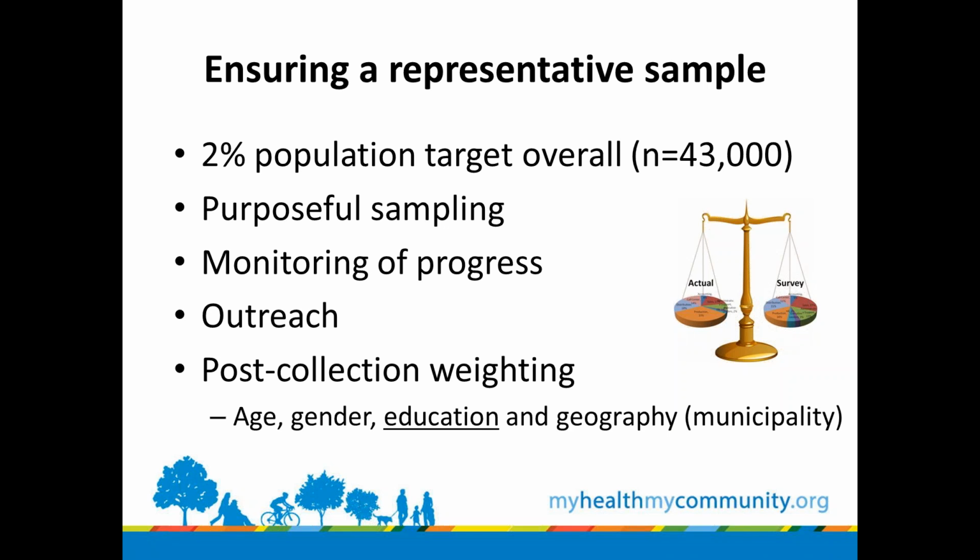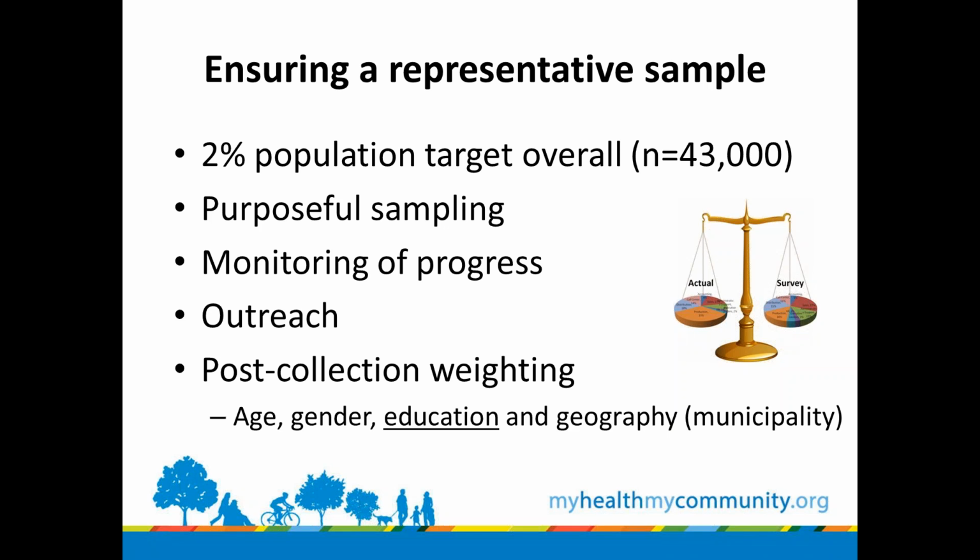So we did some purposeful sampling, so getting out there and actually targeting groups of people we knew we needed to collect more data from, whether it be men, young people, so 21 and younger, or homeless. So we made sure to keep track of our categories so we could actually target specific groups we needed to get more data from. And then we did specific outreach, so targeting those groups, targeting those communities to go out and promote this survey and help them understand the importance of collecting this information from them.